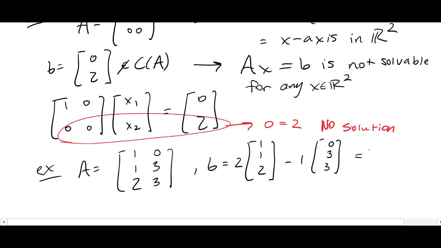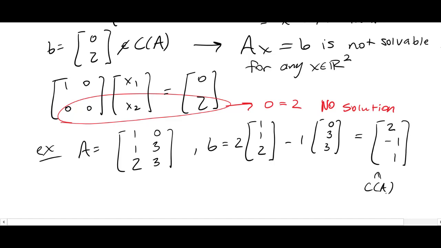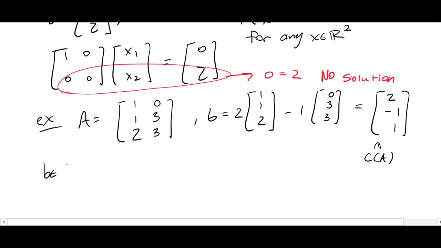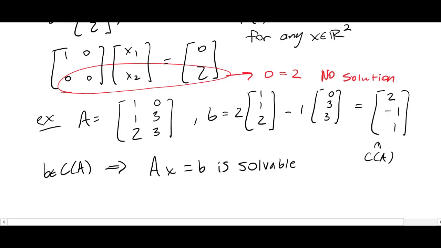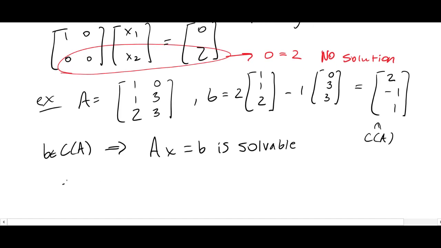That is an element of the column space, because it's a linear combination of those two columns of A. So b being in the column space means that Ax equals b is solvable. Obviously it is, because the solution is 2, negative 1. I took 2 of the first column minus 1 of the second column, so the solution is 2, negative 1.